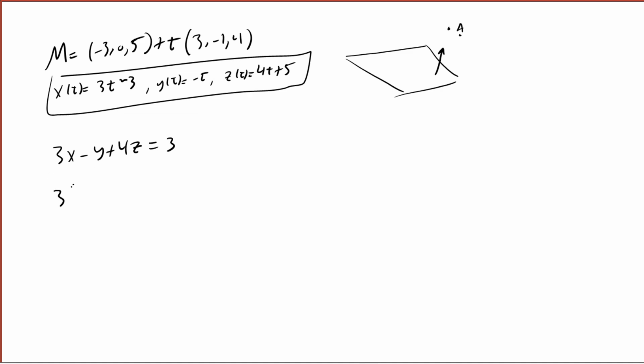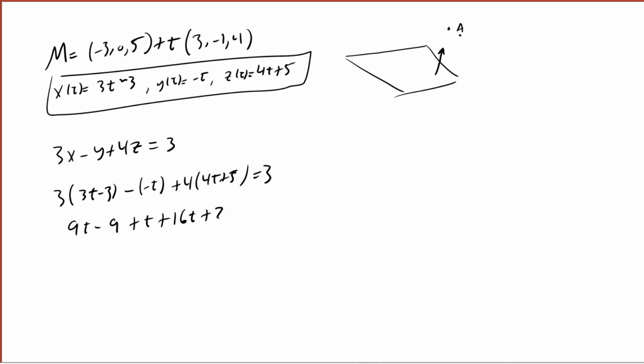So I have 3 times 3t minus 3, minus y, which is minus t, plus 4 times 4t plus 5 equals 3, and I'm going to solve for t. 9t minus 9 plus t plus 16t plus 20 equals 3.